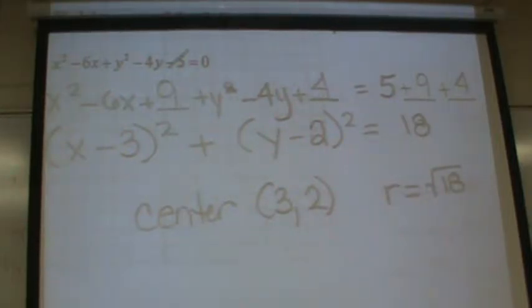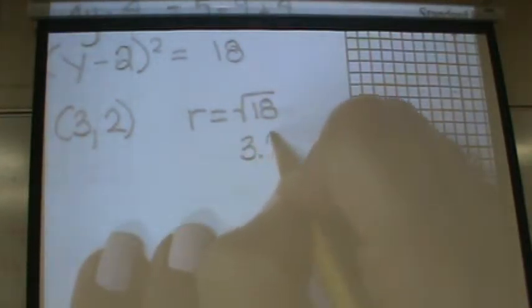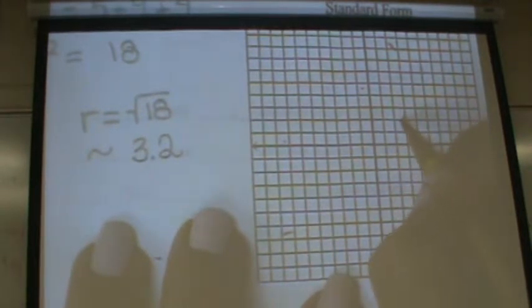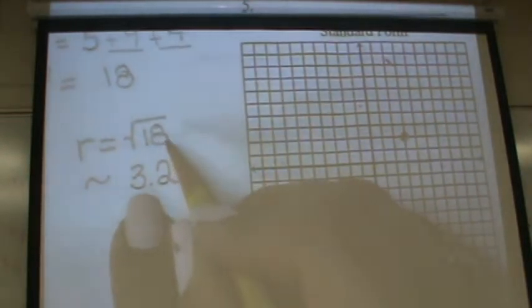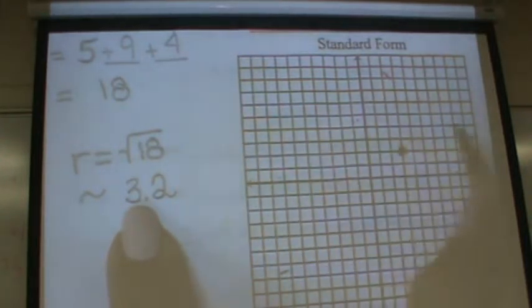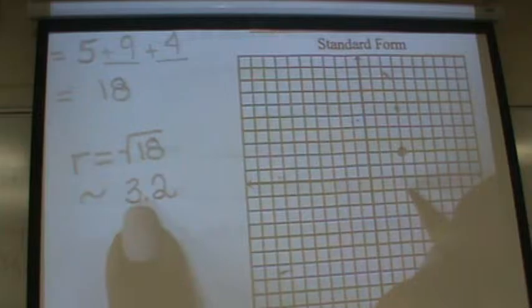Because we need to draw a circle. The square root of 18 is approximately 3 root 2. So your center is 3, 2. And your radius, the reason why a lot of people think it's half of 18, they'll go up 9, down 9. That's silly. So it's about 3.2.